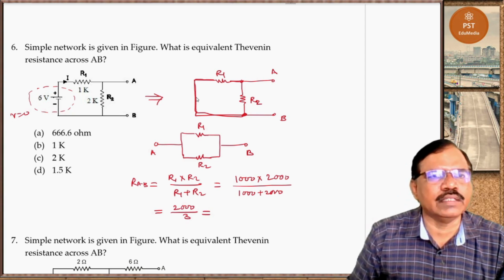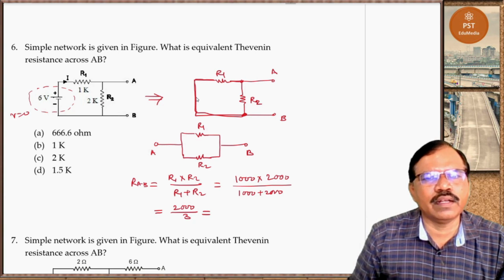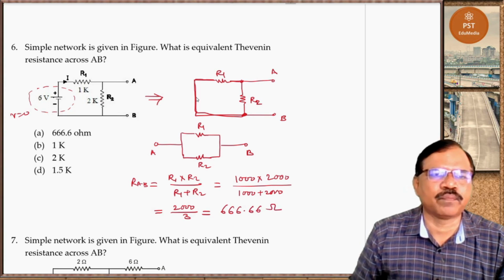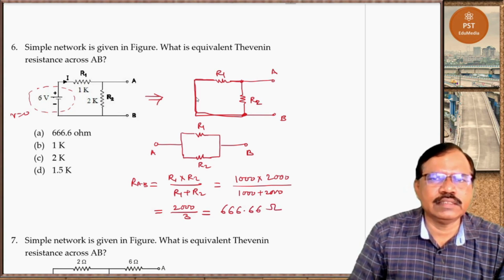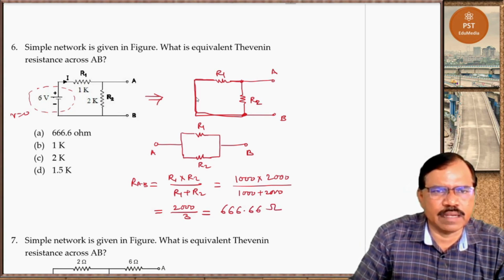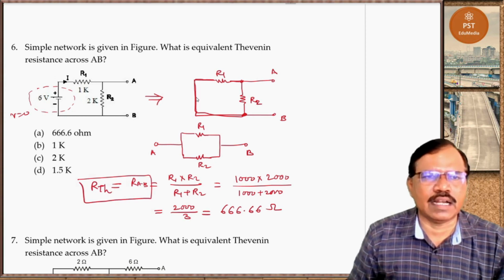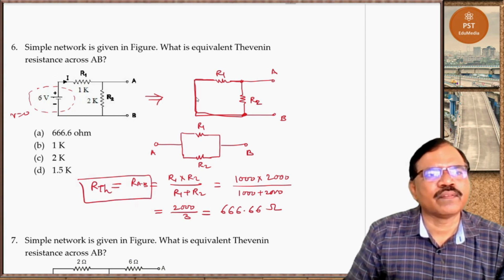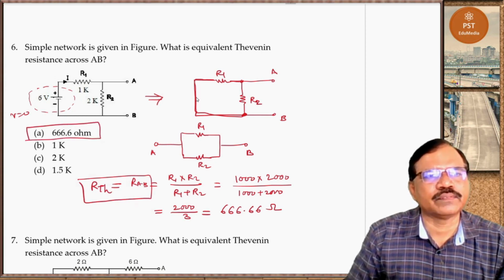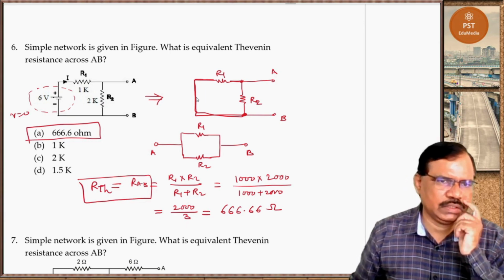If we calculate this, it will be 666.666 ohm. So this is the resistance across terminals A and B, and this is also called Thevenin's equivalent resistance RTH. So here the first one is correct.